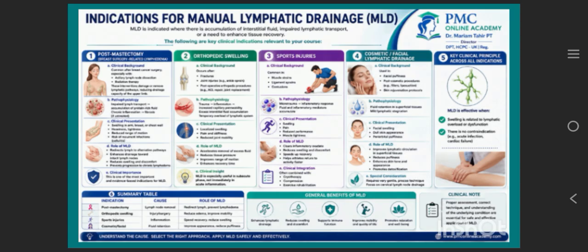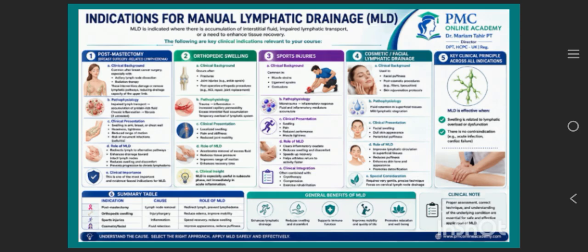Okay, so what is the role of MLD here? Firstly, it clears inflammatory exudate. Secondly, it reduces swelling and discomfort. Third, it speeds up recovery. Okay, and fourth, it helps athletes return to activity faster.